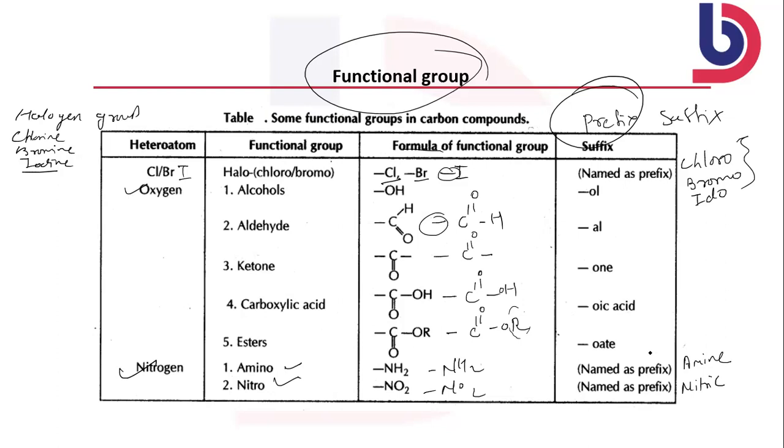This table is very important. Before that, you have to remember the hydrocarbon name table too, the first ten hydrocarbon names. Please remember both tables for the next lecture, along with the functional groups and suffixes.